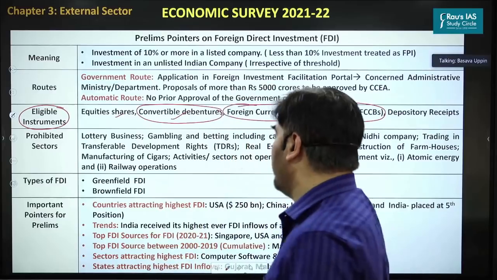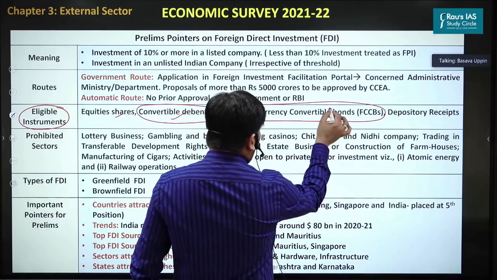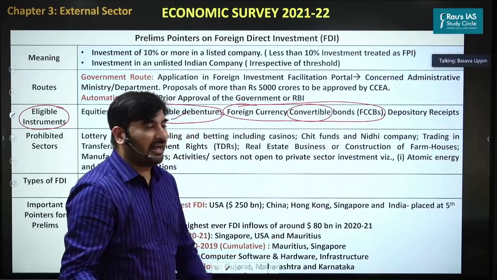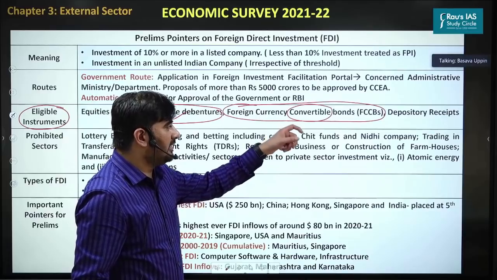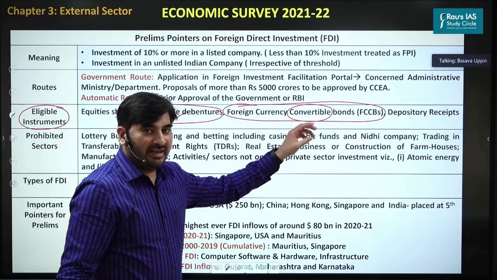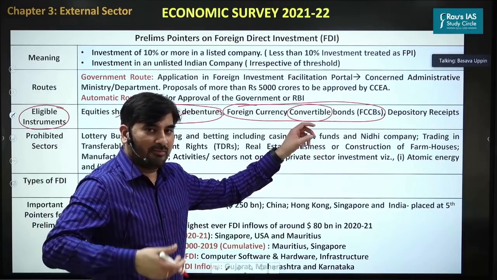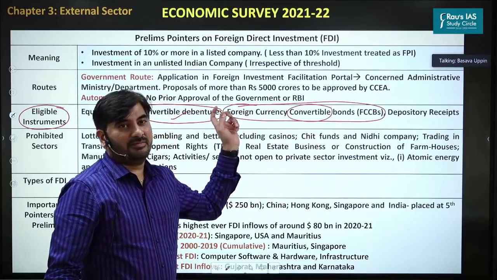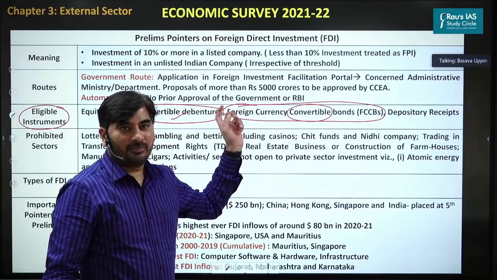So even with these foreign currency bonds, some of which are convertible, if a foreign investor has bought this foreign currency convertible bond, the principal amount may get changed into the shares of a company, just like debentures. Are we clear now?